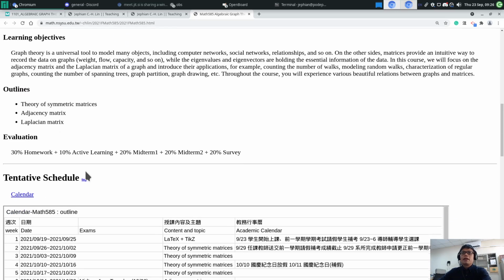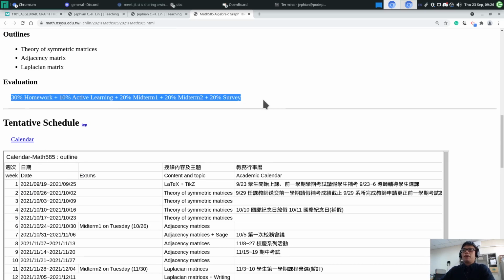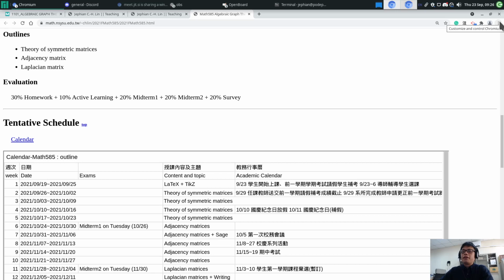Okay, now heading back to the policy side, maybe you will care more about how the scores are calculated. So this is the formula of the semester score. I will explain from the end to the beginning, okay? The last three are pretty much the same.